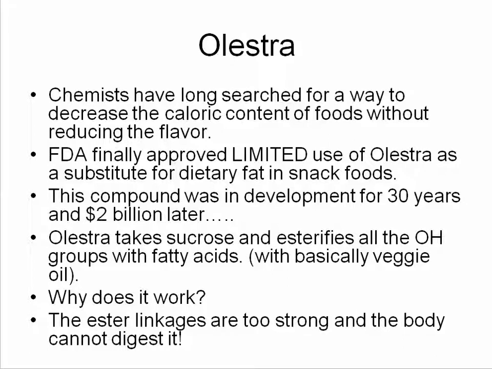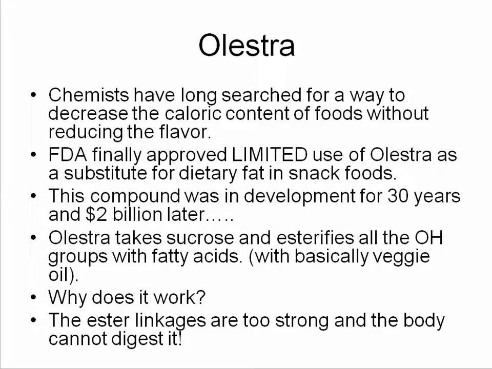Well, the reason is because these ester groups that were added on with the fatty acid chains, the links are too strong to be broken. And if they can't be broken, the body just looks at this molecule and says, I can't do anything with you. You're foreign. So we're not going to process you, and we're just going to kind of pass you on through.